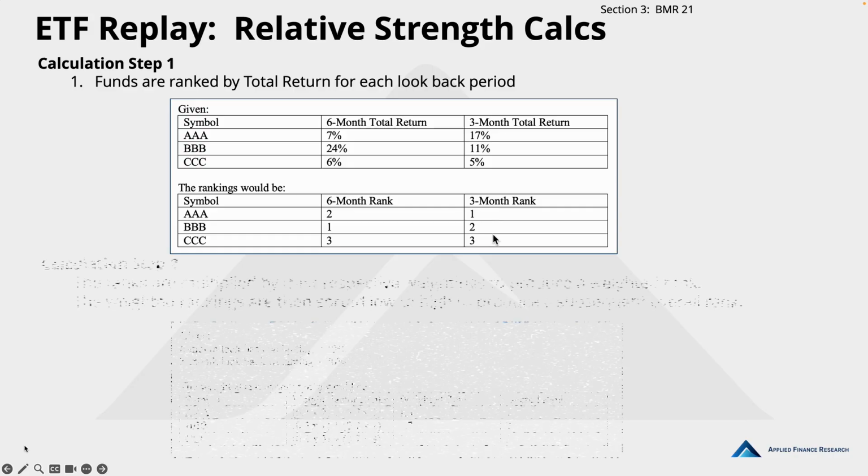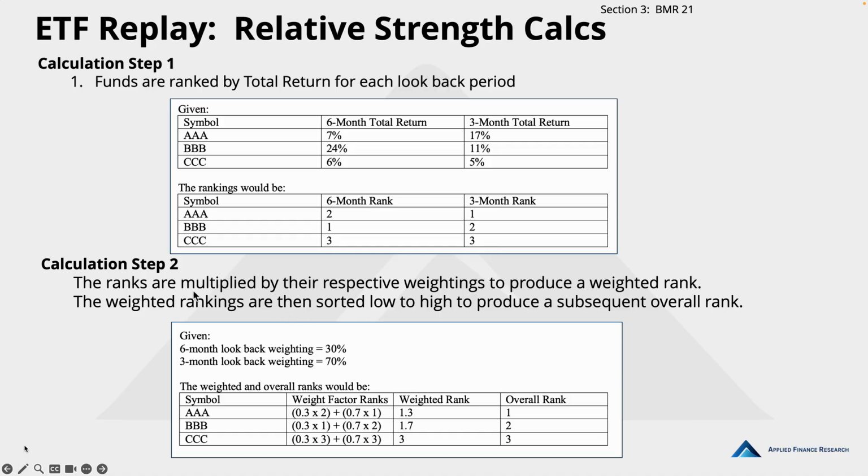From there, ETF Replay multiplies the ranks by their respective weightings to produce a weighted rank, and then the weighted rankings are sorted low to high to produce a subsequent overall rank.